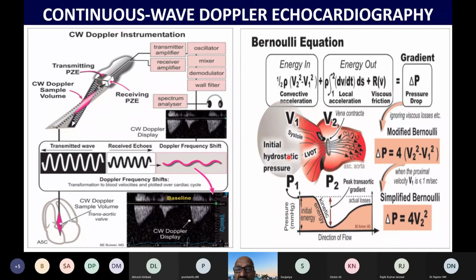For us to determine the pressure gradient, which is normally done in echocardiography, we use the simplified equation which states that pressure equals 4 times V squared. If you know the velocity across the valve, and if you square it and multiply by 4, you will get the pressure difference. This is the actual Bernoulli equation which has been modified, but in clinical practice this equation is sufficient for us.